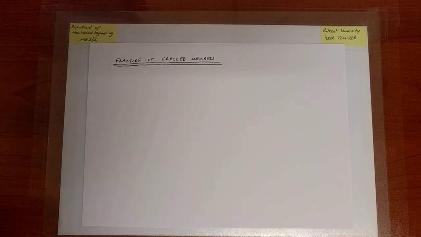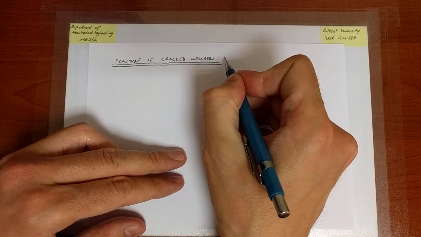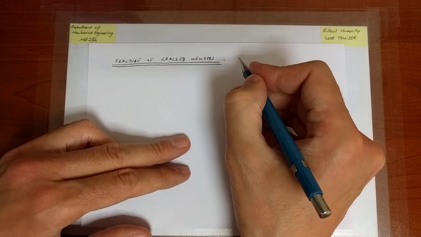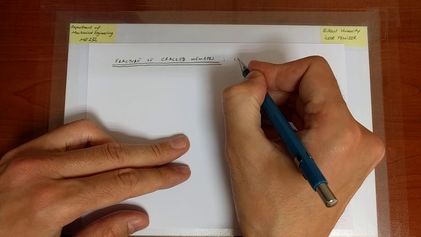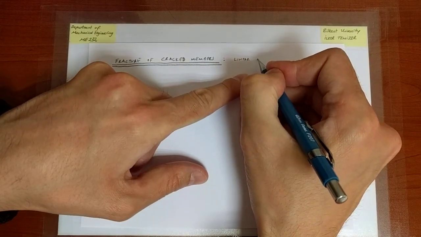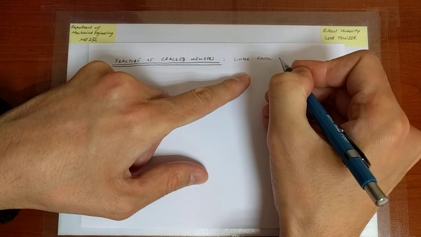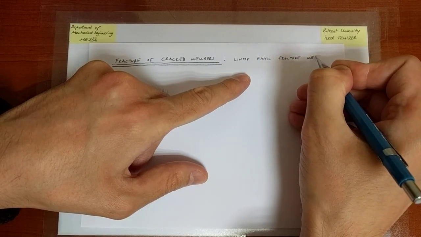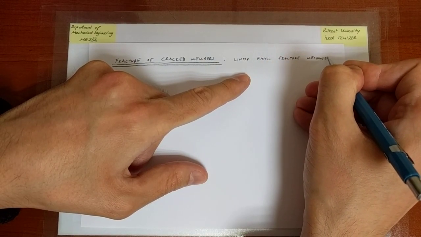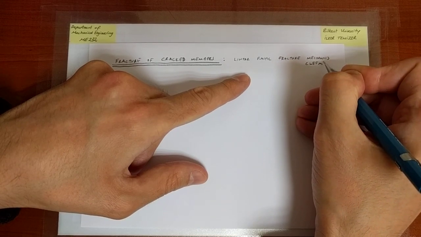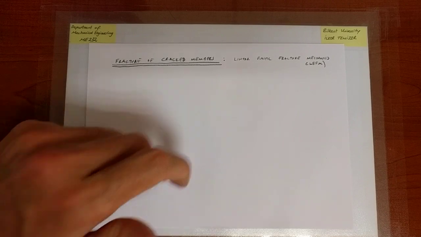And with brittle materials, we know that there is little or no plasticity, so we will be concentrating on the analysis of fracture in a setting where plasticity is omitted. So we are going to look at linear elastic fracture mechanics. And this is usually abbreviated as LEFM.